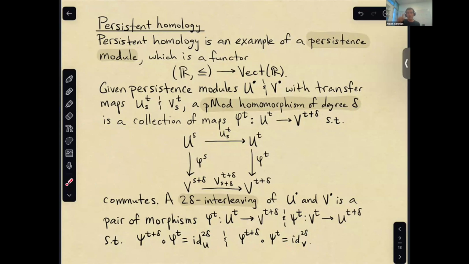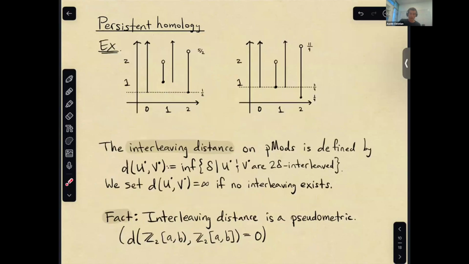So there's another example of just a linear version of this where you see a barcode. And really what we're trying to capture here is that a 2 delta interleaving allows you to wiggle the endpoints of your barcode by delta. So in this case, if this is a picture of U dot, and this is a picture of V dot, you can see that we have the same collection of bars in each of the 2 persistence modules.